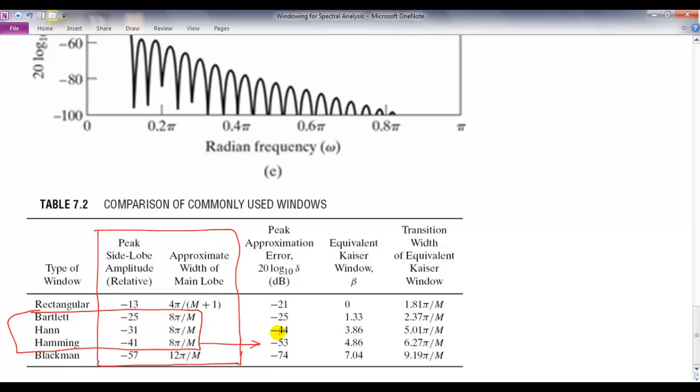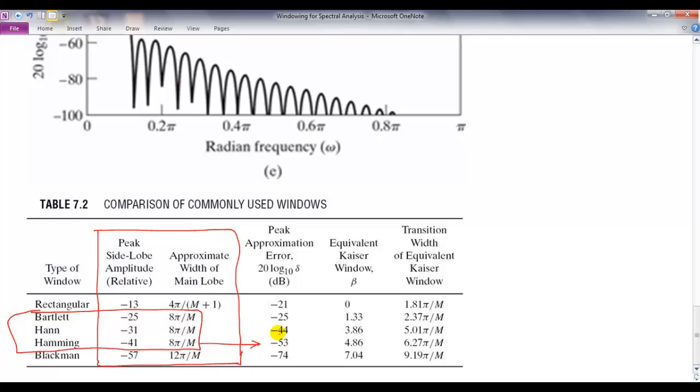Okay? So you can actually achieve any desired point. It tells you, okay, if you want this sort of main lobe width, you should maybe use these parameters. Okay, and then once you determine that, then it tells you, okay, use the other parameter if you want this side lobe peak.